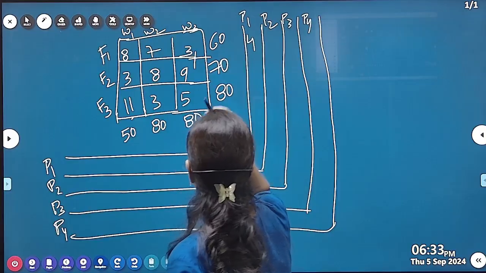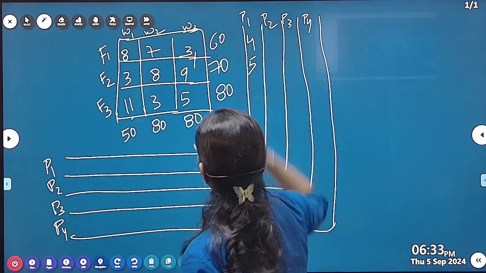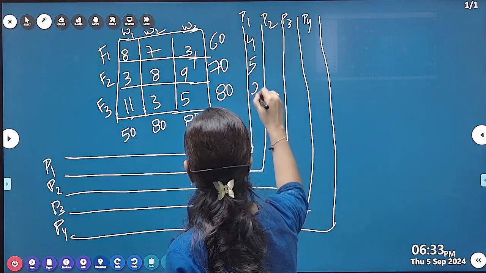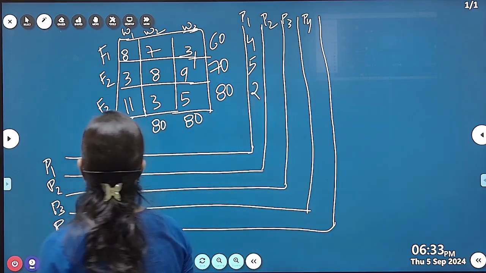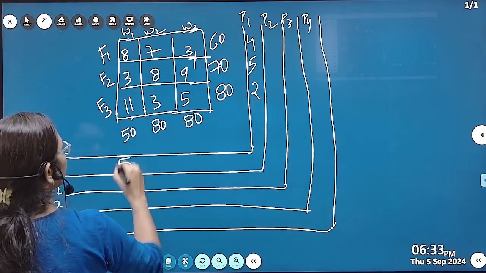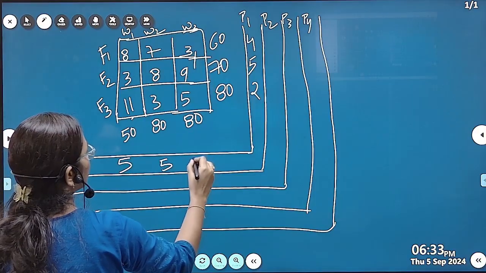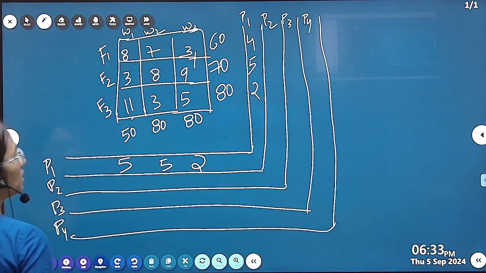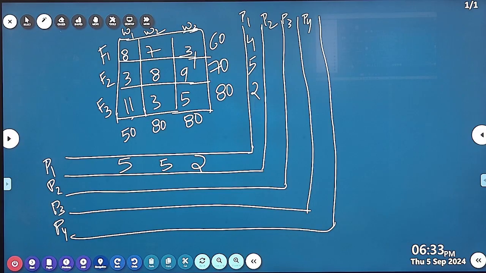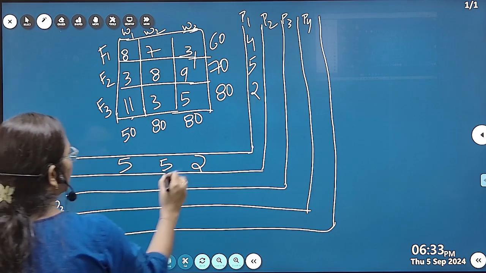So next 8 minus 3 is 5. So 5 minus 3 is 2. Okay. Next 8 minus 3 is 5. 8 minus 3 is 5. 5 minus 3 is 2. So how many 5s are there now? 3 5s. So 5 is the higher number and there are 3 5s. So here and here and here.